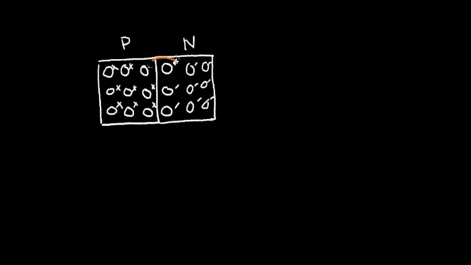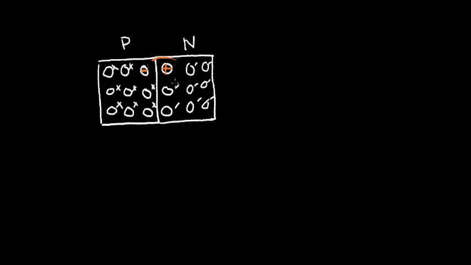So I will erase this electron. And when that happens, this region in the p-type material becomes minus because it has gained an electron. But the electron has left the location on this structure in the n-type material. So this region becomes positive.